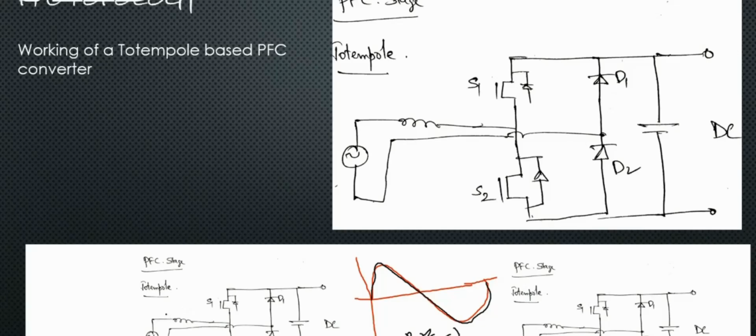If you have a look at the current which is flowing through the inductor, our target is that the current flowing through the inductor must follow the voltage source. So if this is my voltage from the AC terminals, I want to see my inductor current following exactly the same voltage.